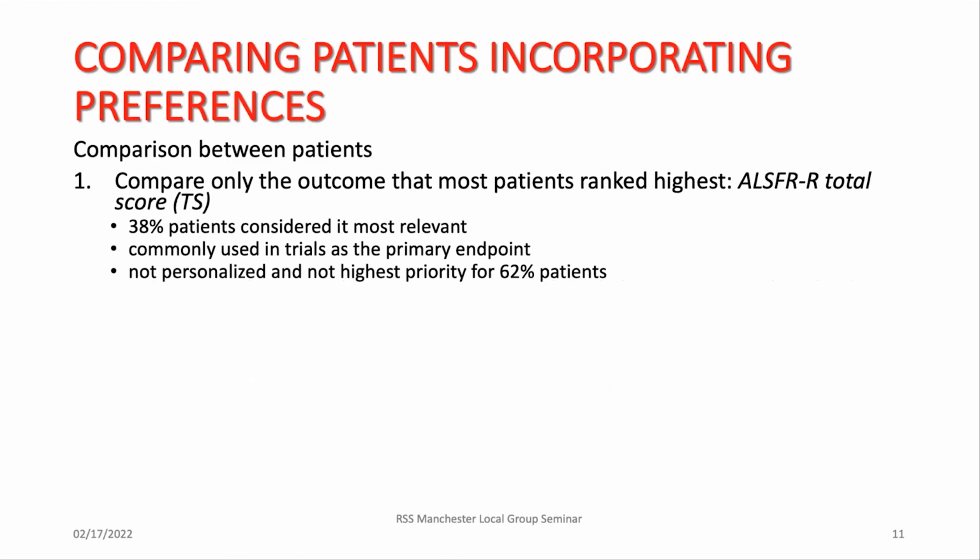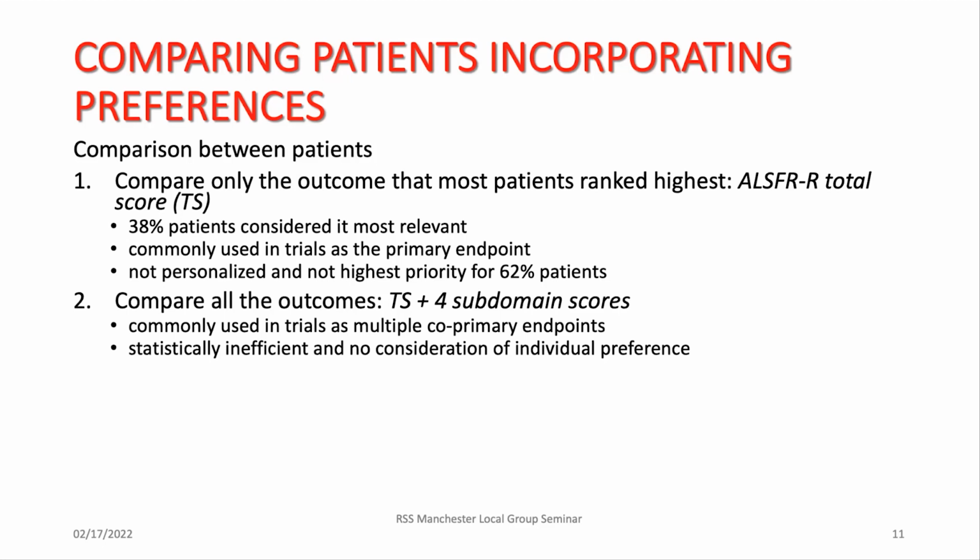There are different ways to compare them. One way is to compare the one outcome that affects most patients. Like in our case, 38% of patients report the total score is the best approach. So we use that regardless of the difference, and so it's not really personalized.